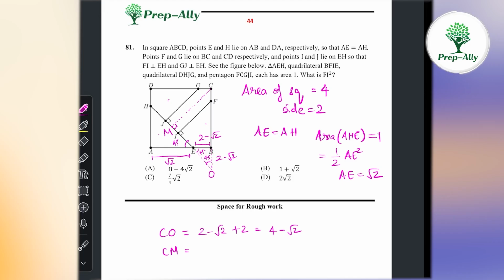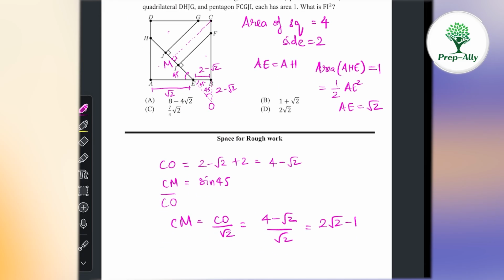So CM is equal to what? So CM by CO equals sine 45. So CM equals CO by root 2, which is equal to 4 minus root 2 by root 2, which equals root 2 minus 1, right?